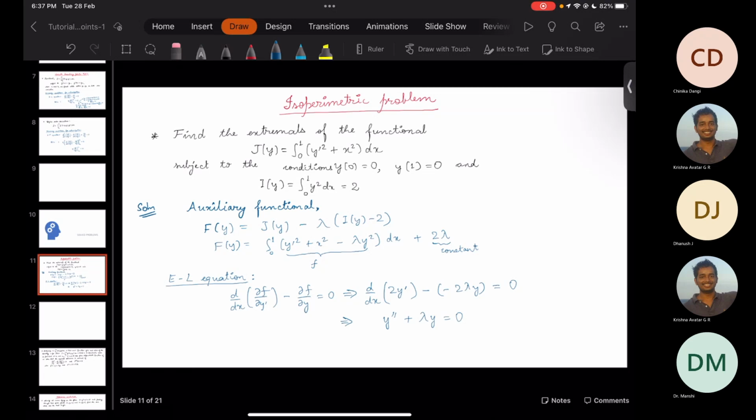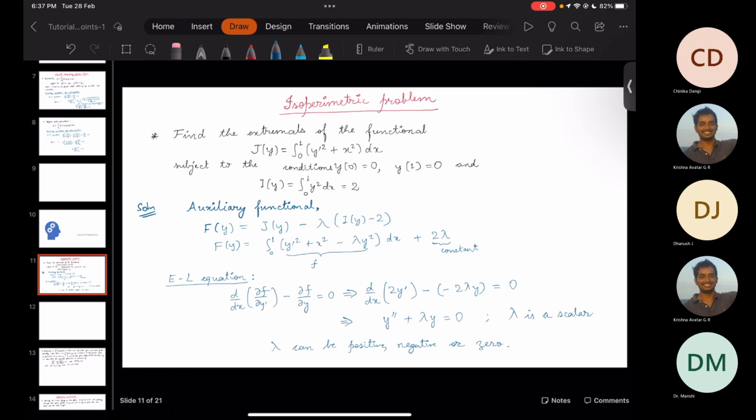Okay, and as I had mentioned before, that lambda is a scalar and a real number, so to speak. So lambda can be positive, negative, or even 0.